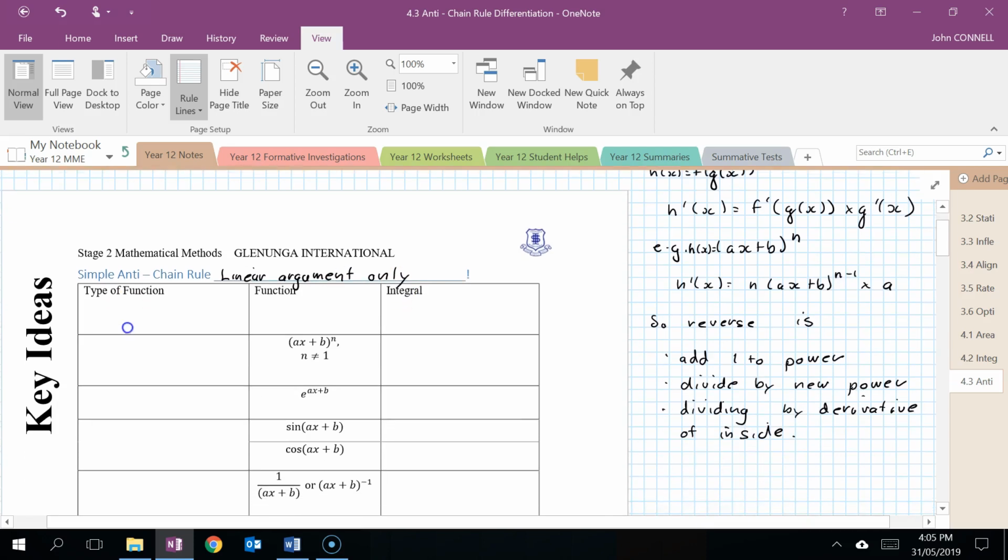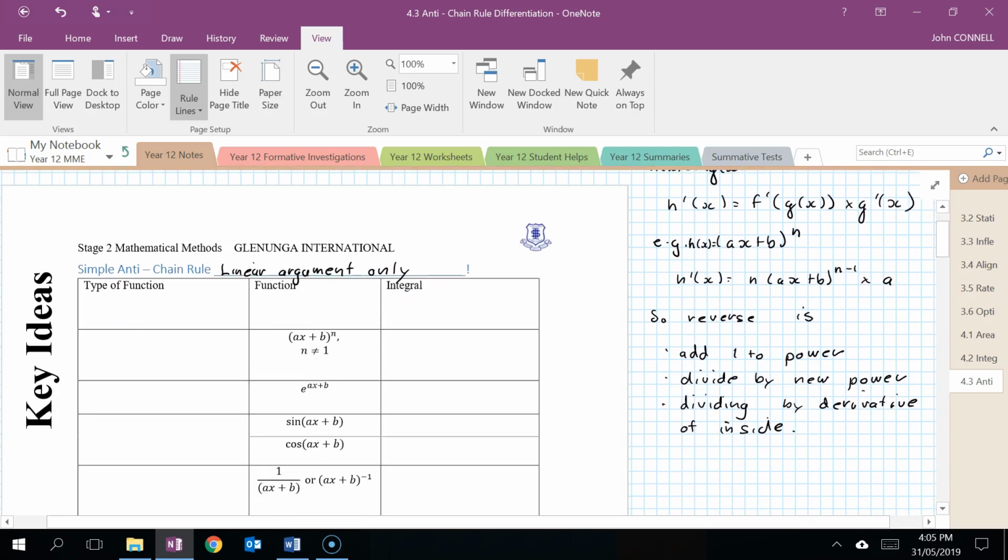So if we consider some functions, so we've got a type of function, this is our power, polynomial function, more or less. And then, as we were saying before, it's add 1 to the power, divide by the new power, and also out the front we're going to add in this factor of 1 on a.